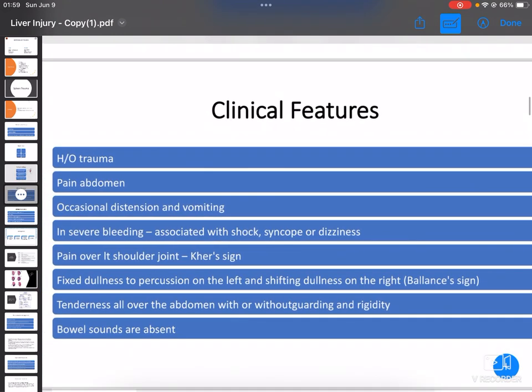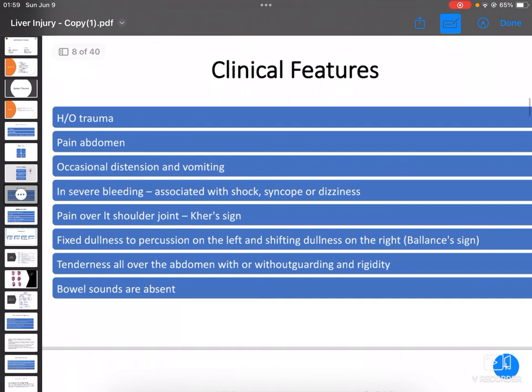Now, if we consider the clinical features: history of trauma, pain abdomen, occasional distension and vomiting. In severe bleeding, it is associated with shock, syncope or dizziness, pain over the left shoulder and Kehr sign.